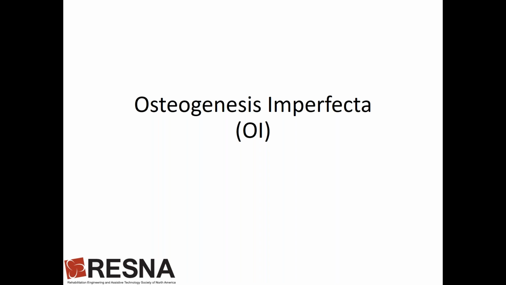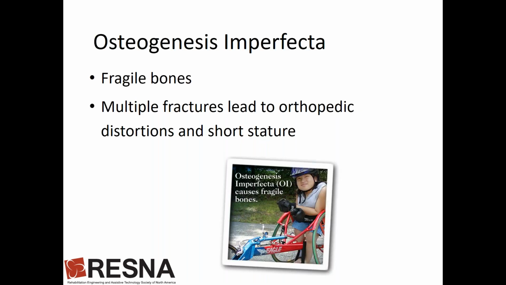Osteogenesis imperfecta, those very fragile bones. Because of their fragile bones, they have a lot of fractures, and it leads to orthopedic distortions and short stature. What I love about this picture is even though she has fragile bones, it's not stopping her from living her life and getting out there. This is a racing chair. As long as they have that stability and safety, they can interact with the world.